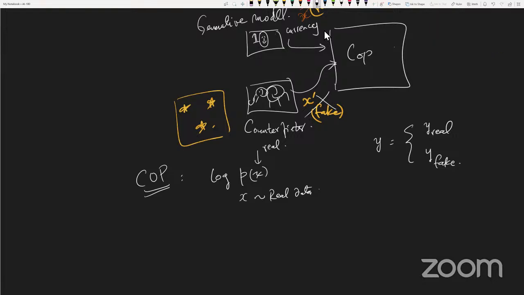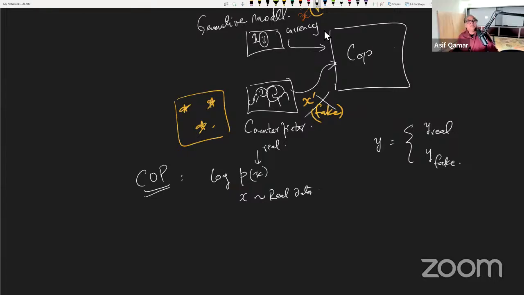Log of a very small quantity, 10 to the minus 5, is minus 5, and the negative of that will of course be a big loss, 5, if you're using log base 10. Are we making sense?